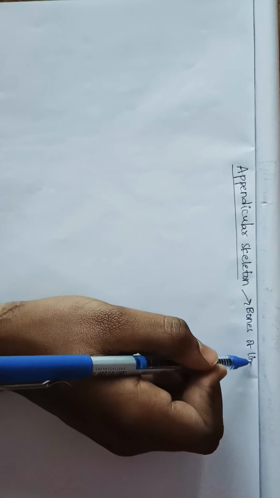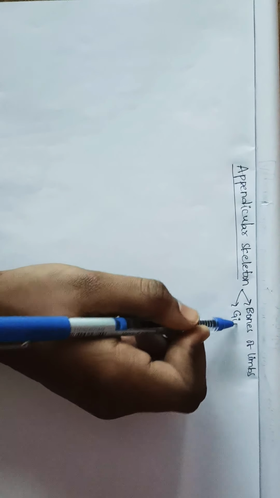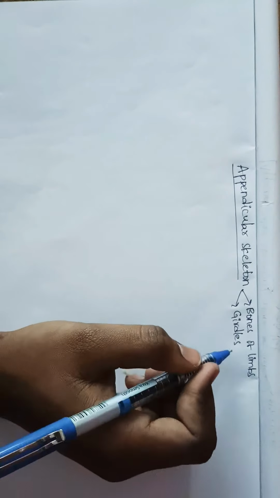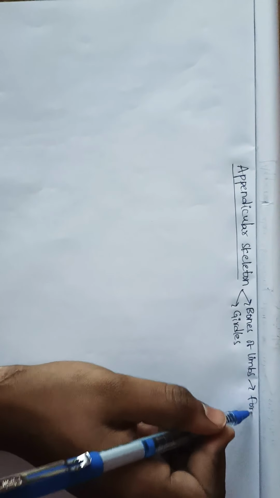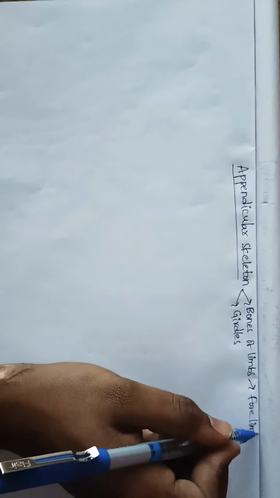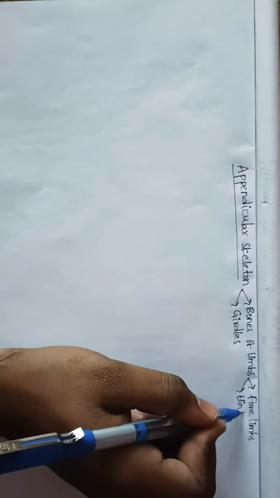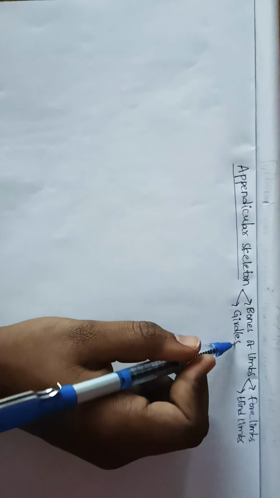The bones of limbs and their girdles constitute the appendicular skeleton. What are limbs? Forelimbs and hind limbs constitute limbs. What are girdles?